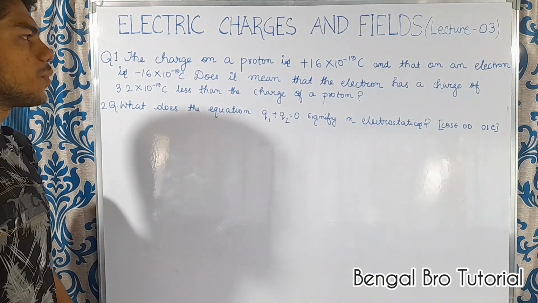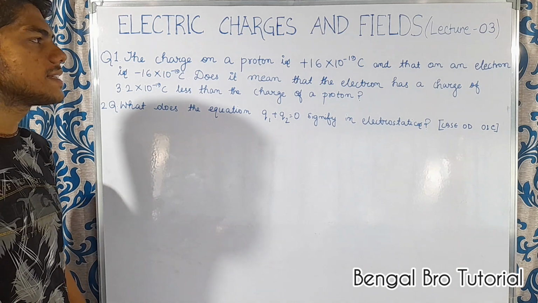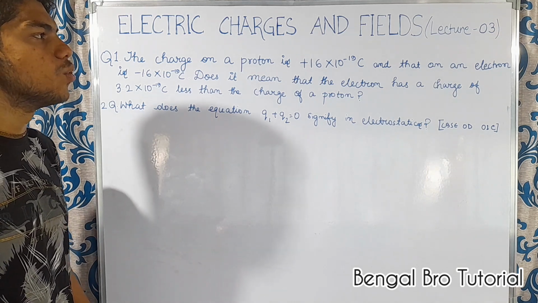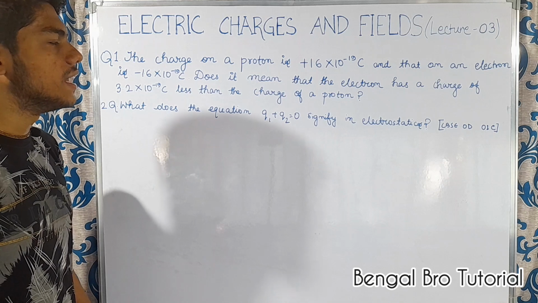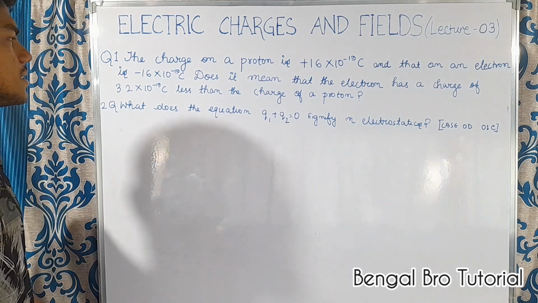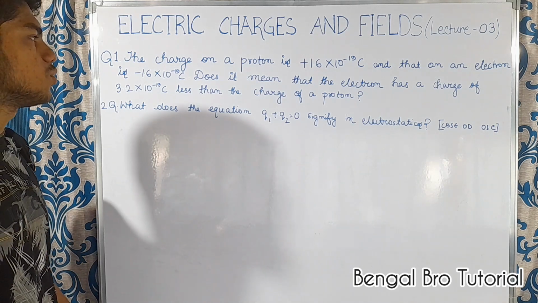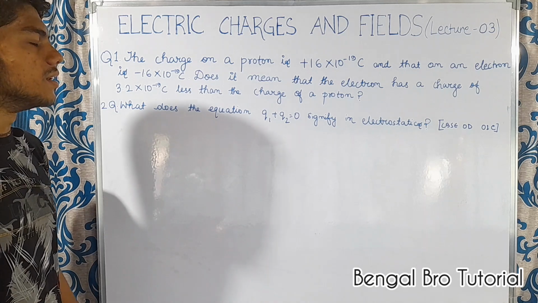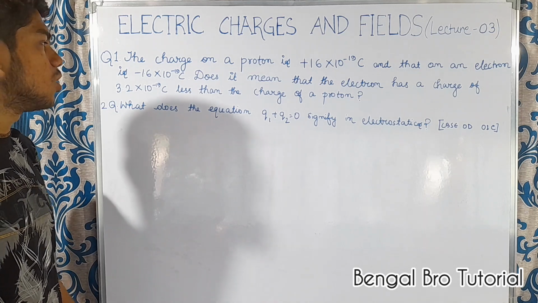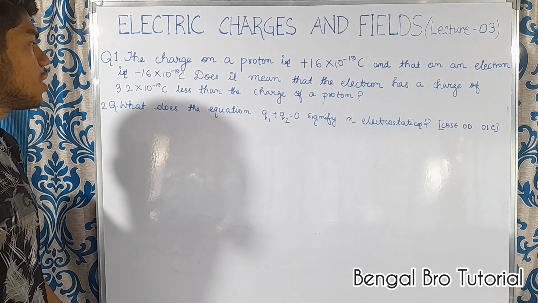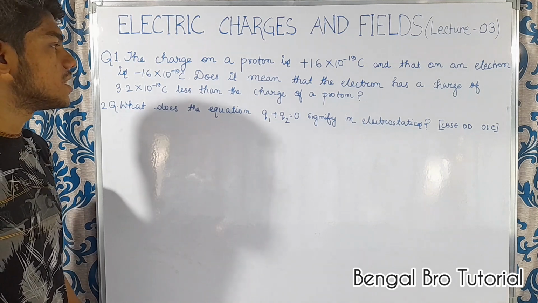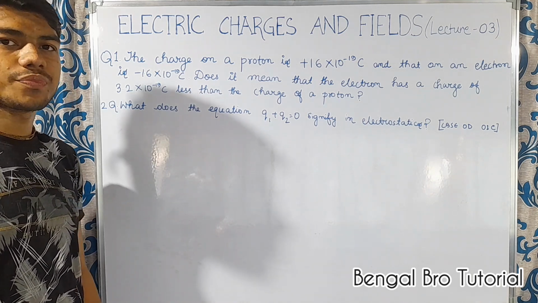The charge on a proton is plus 1.6 into 10 to the power minus 19 coulomb. And that on an electron is minus 1.6 into 10 to the power minus 19 coulomb. Does it mean that the electron has a charge of 3.2 into 10 to the power minus 19 coulomb less than the charge of a proton?